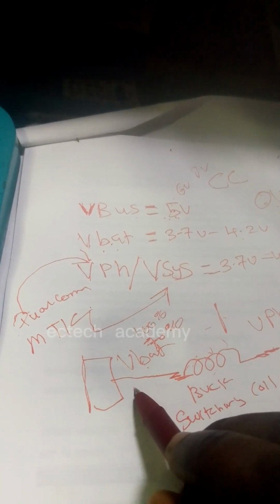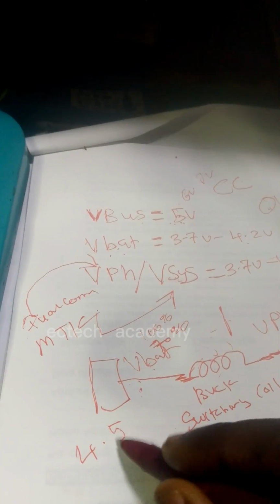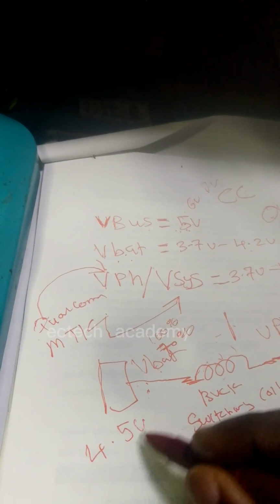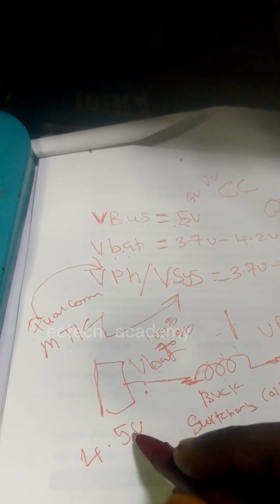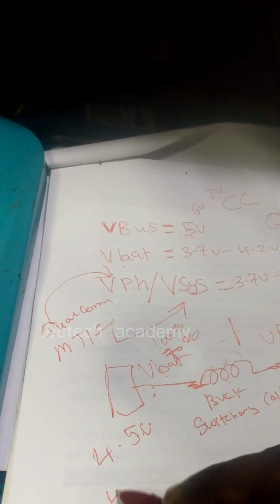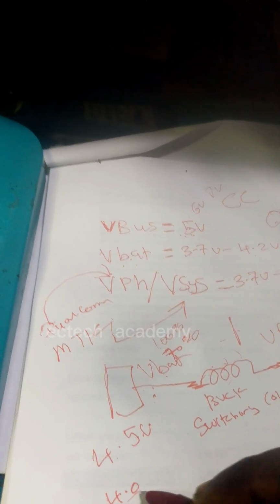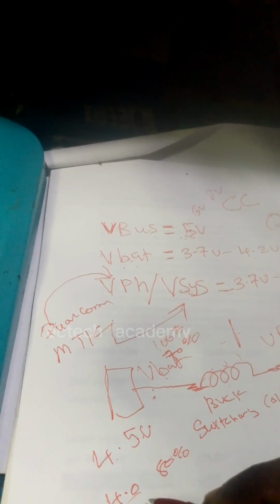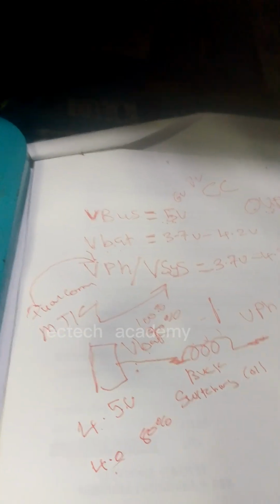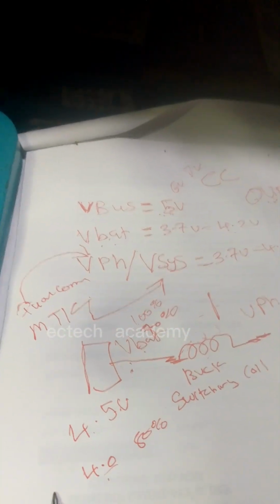Maybe this is the full charge voltage, 4.5 volts. That's your 100%. But when the percentage is reducing, around 4 volts, you can have like 80%. Okay, like that. So the voltage is reducing.